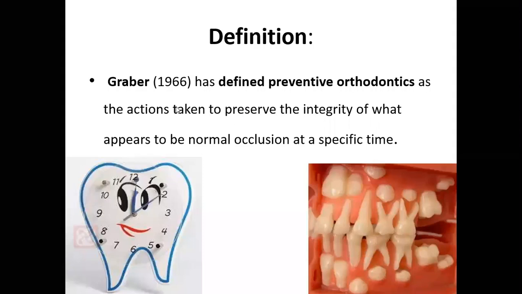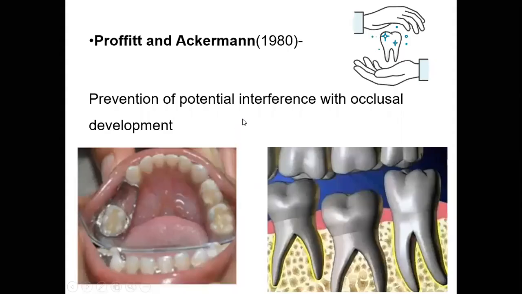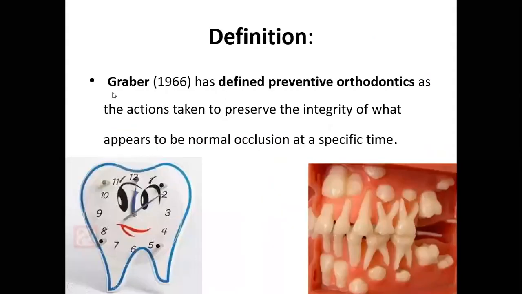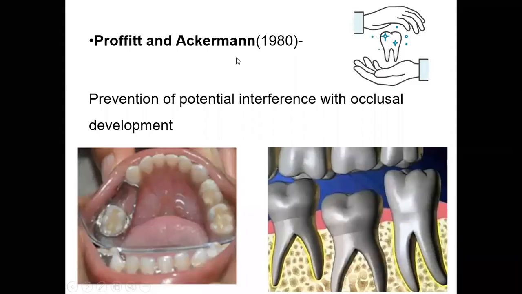According to Graber, action taken to preserve the integrity of what appears to be normal at a specific time is called preventive orthodontics. Profit and Ackerman describe preventive orthodontics as prevention of potential interference with occlusal development.